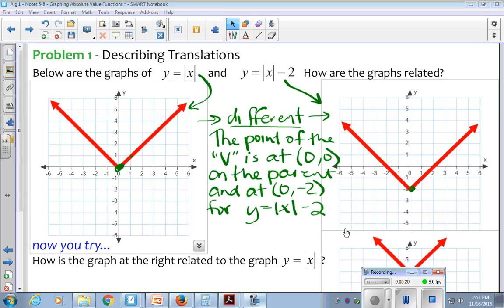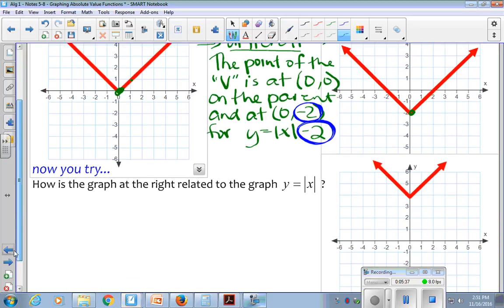There is a direct relationship between being at 0, -2 and this absolute value of x minus 2. If that were a plus 3, then the corner would be up here at 0, 3. So this corner here for our now you try is at 0, 4.